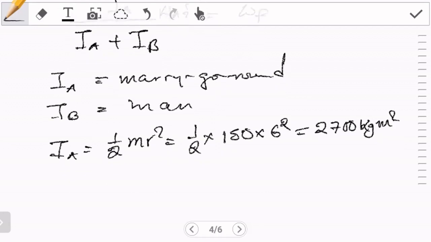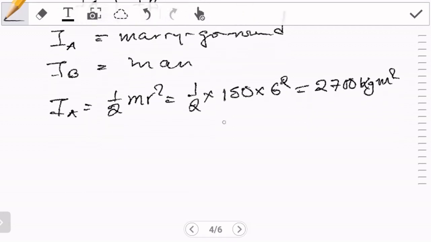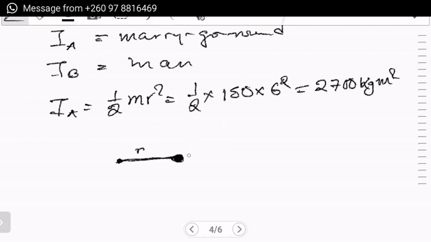And then for the man, in this case, we have to take the man as if he was a point object. So we treat this person as just a point particle on a disk of radius 6 meters, rotating about this point. So basically we have an object rotating in a circular path.